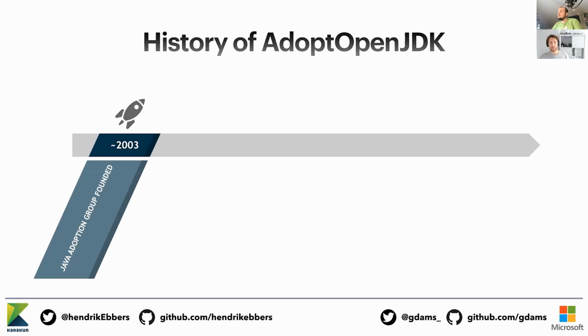To answer that, I want to firstly just dive straight into the history of the project. Many people think it's quite a recent project. It's actually not correct. It was founded in around 2003. At that point, it was a Java adoption group.